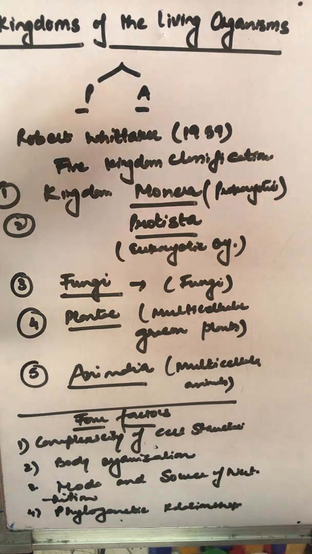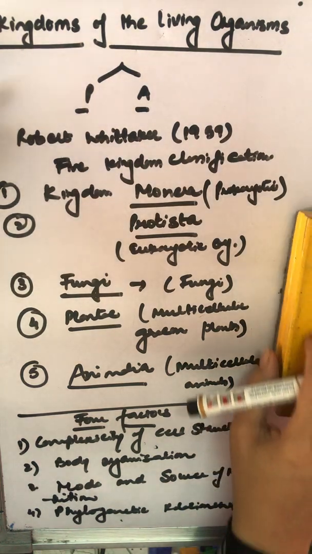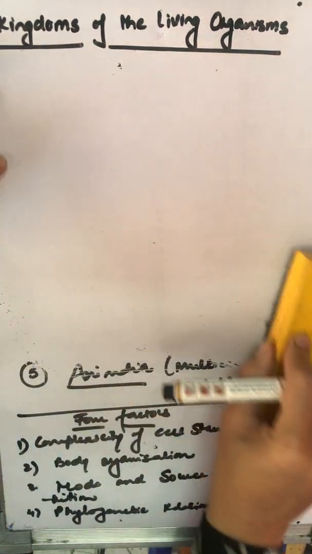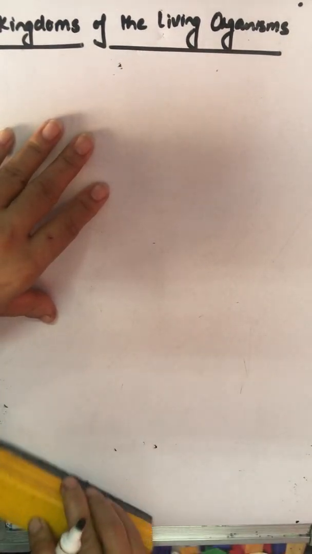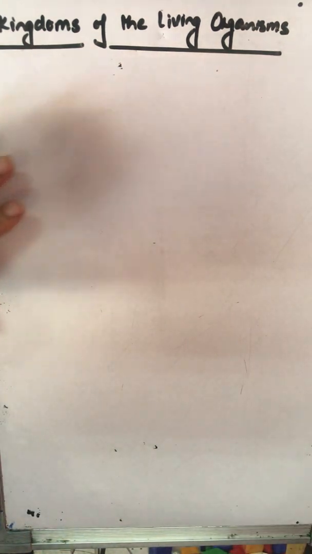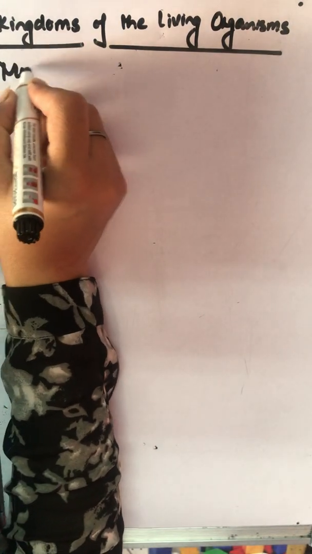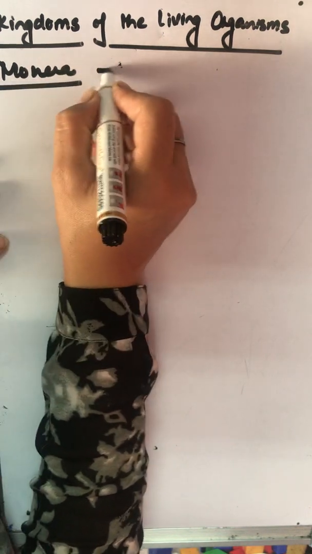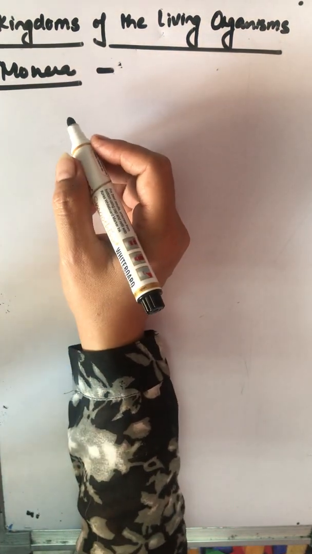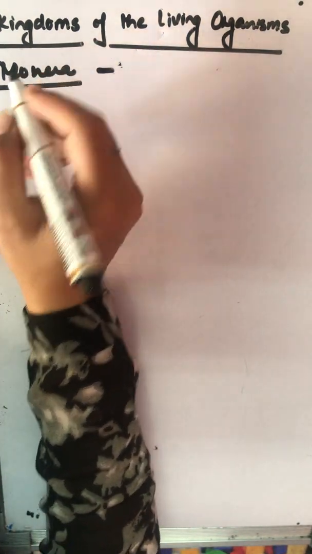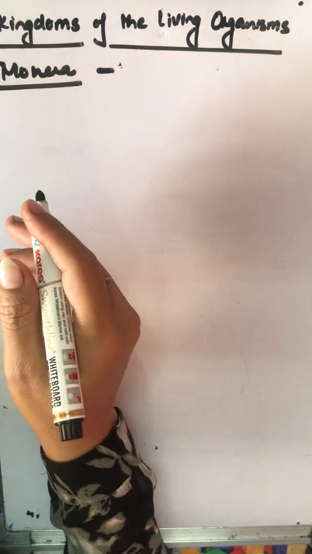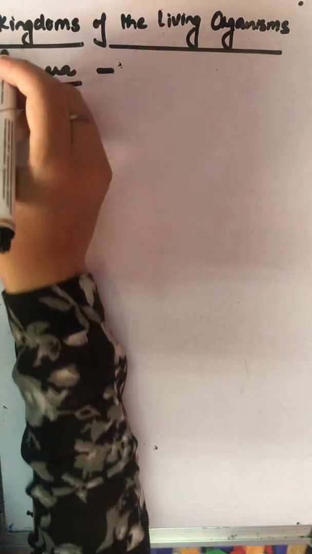Then when we start dividing these organisms into various kingdoms like Monera, Protista, Fungi, what are the basic salient features in each kingdom? Basically all the monerans in kingdom Monera, these organisms are the smallest, the simplest and most plentiful prokaryotes.